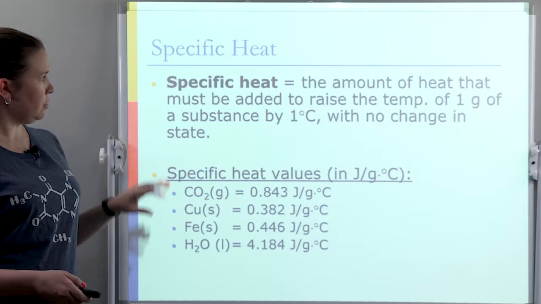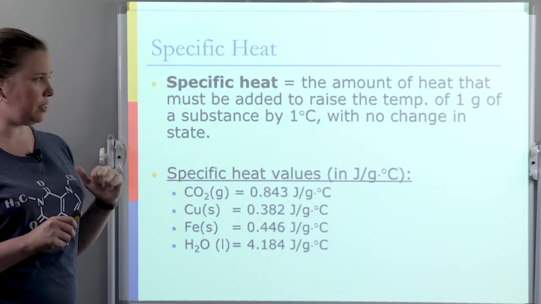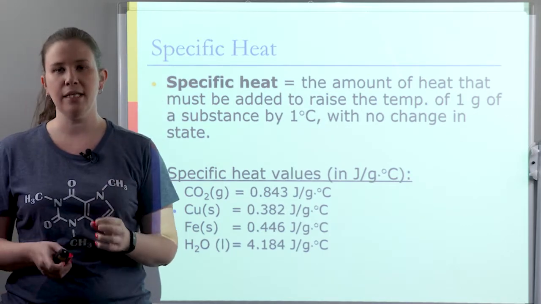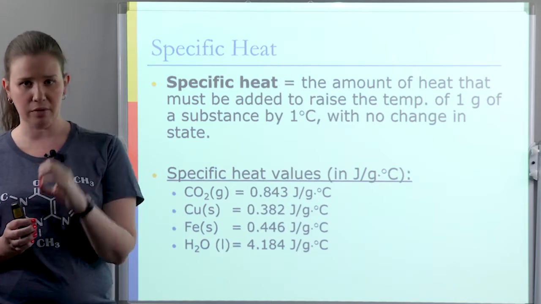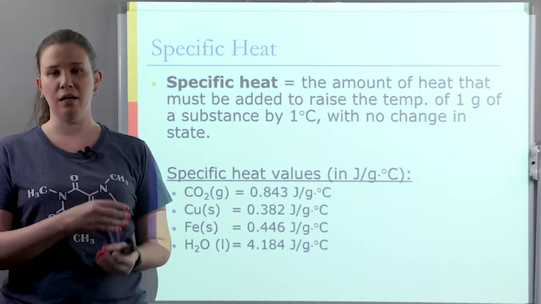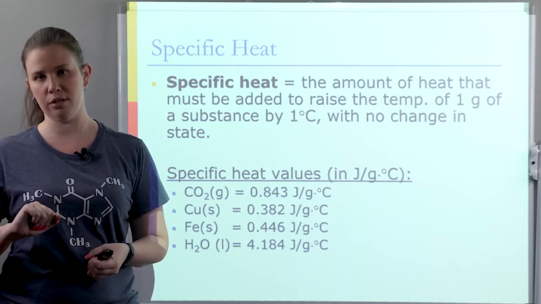All right, so let's look at specific heat, this value of c. The variable c that was just in the last formula stands for specific heat. So specific heat is the amount of energy it takes to raise 1 gram of a substance by 1 degree Celsius. So say you have a gram of water and it's currently at 32 degrees Celsius.